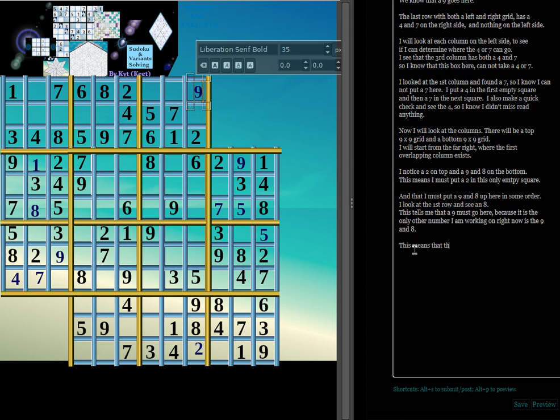This means that the other square must take the 8, as no other number can go there.